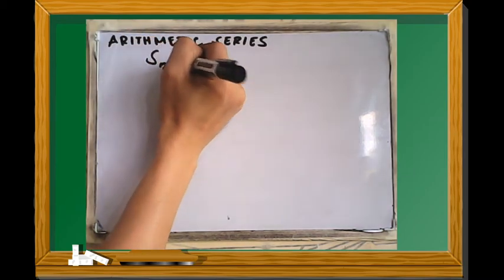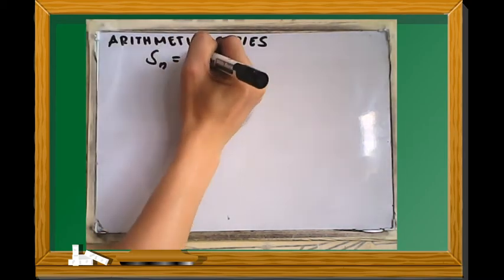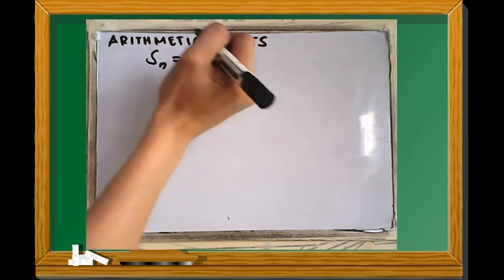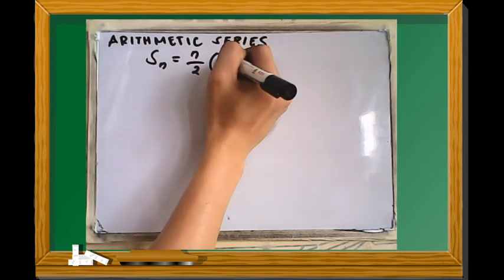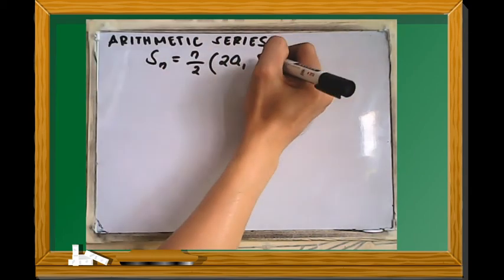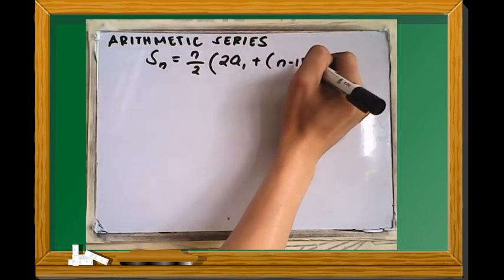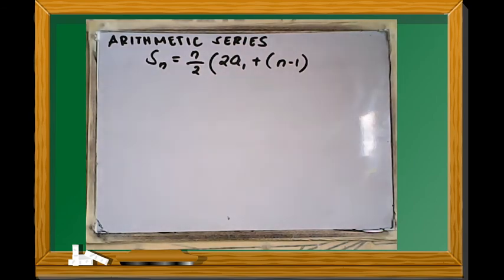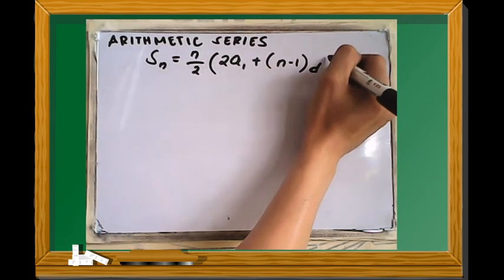S sub n is equal to n over 2 multiplied by 2 a sub 1 plus n minus 1 multiplied by d.